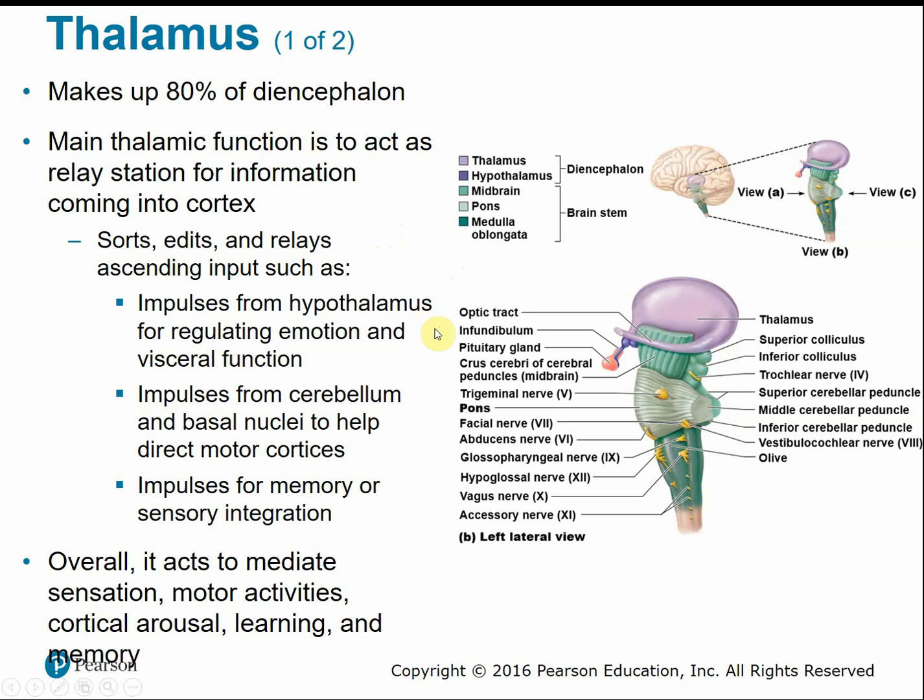It gets impulses from regions like the hypothalamus, which helps regulate some of your emotions, hormones, and digestive function, impulses from the cerebellum and other regions of the brain to help with your motor activities, as well as impulses for memory or sensory integration. Overall, it mediates all of this incoming sensation, outgoing motor activities, cortical arousal, learning, and memory.